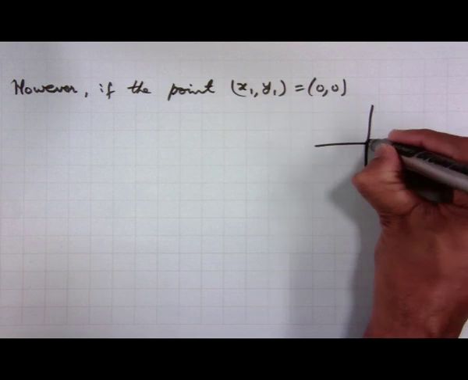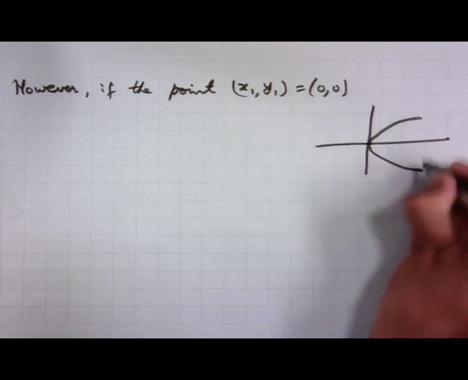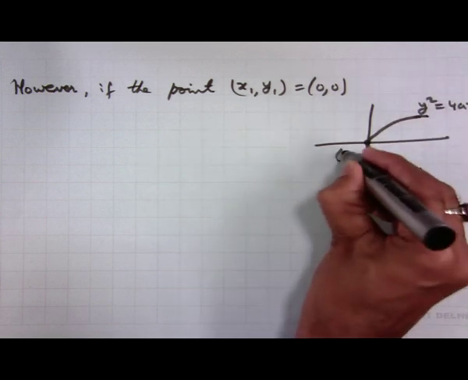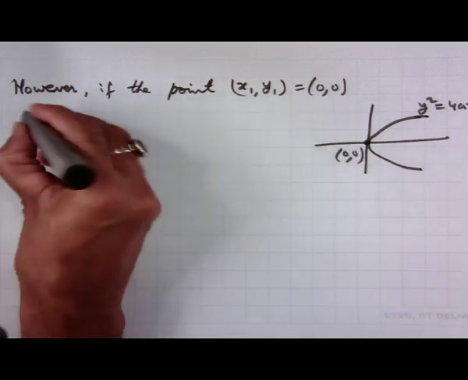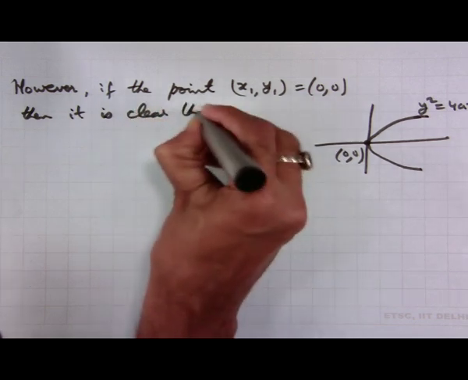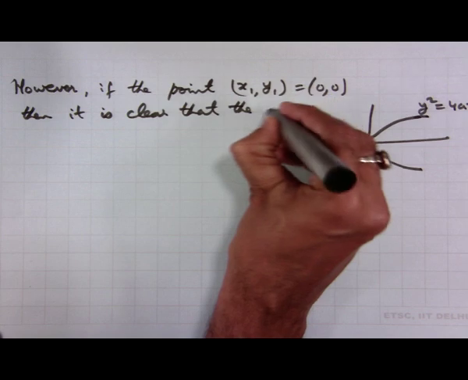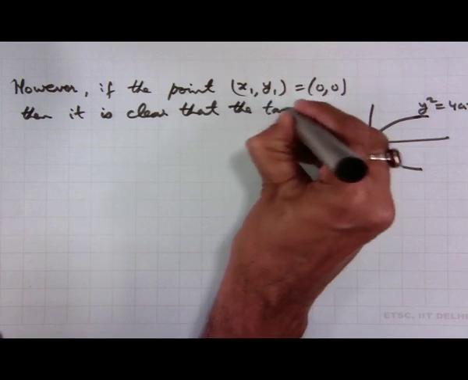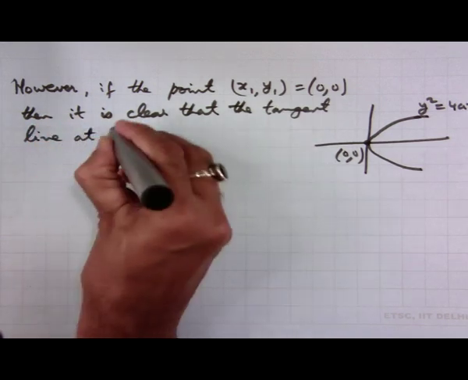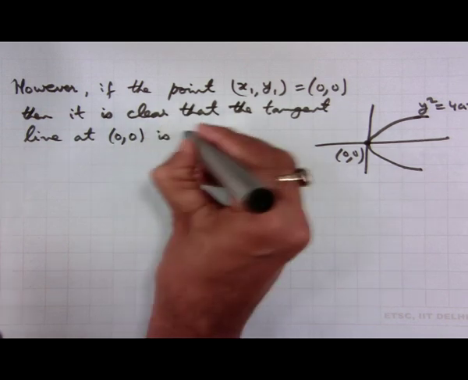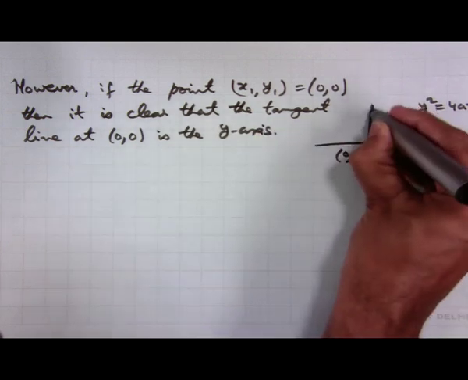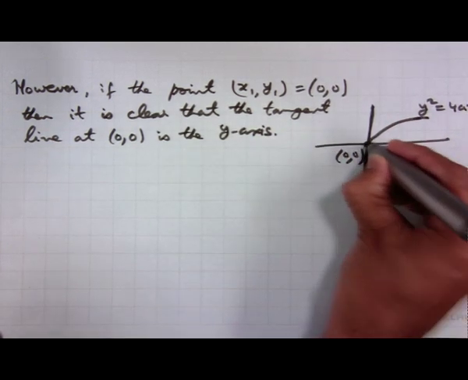so this is the vertex of the parabola y square equal to 4 a x, and if we take this point 0 0, then it is clear that the tangent line at 0 0 is the y axis, because y axis intersects this parabola at only 1 point 0 0.